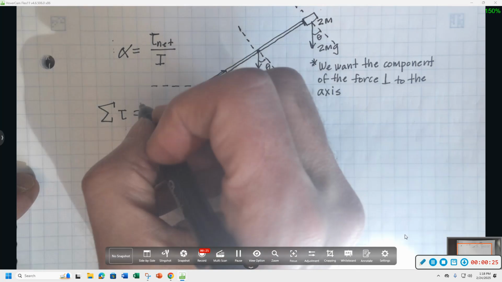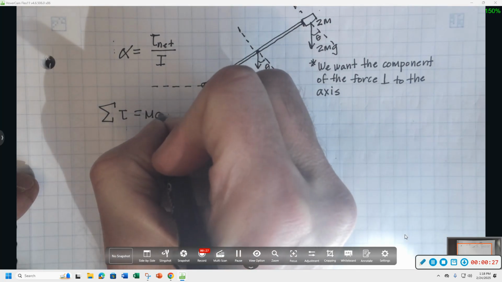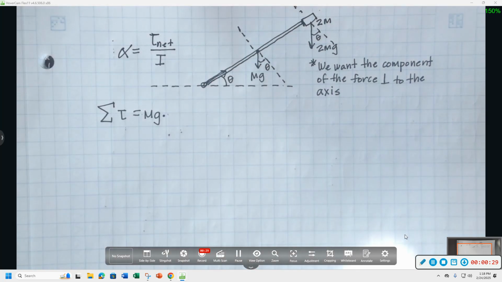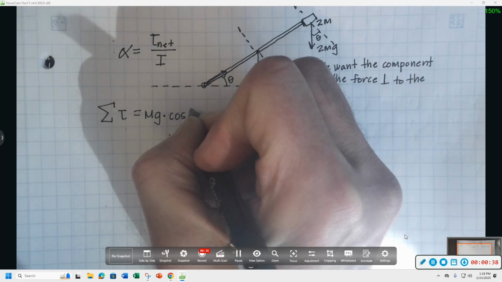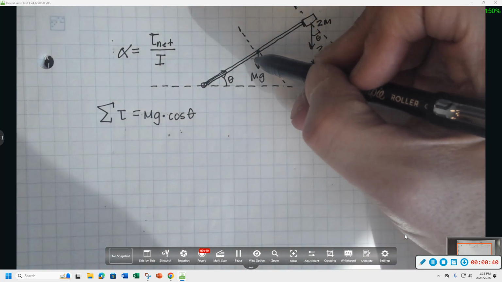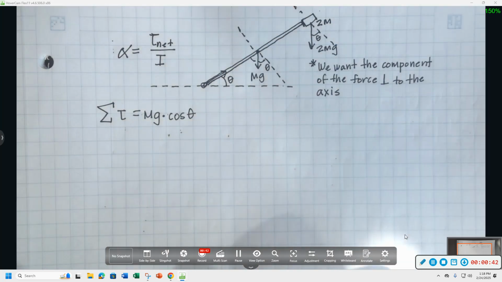So we're going to go mg times the cosine of the angle. Or we could look at it as the sine of 90 minus the angle.